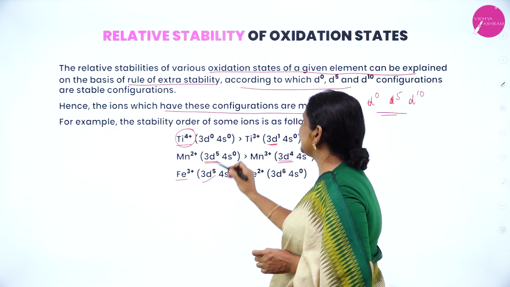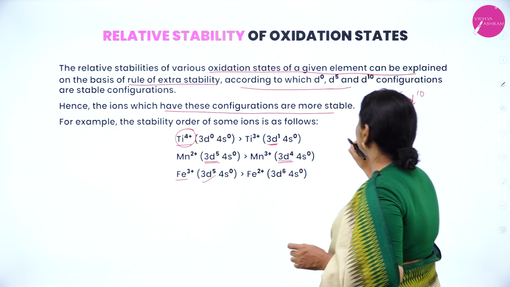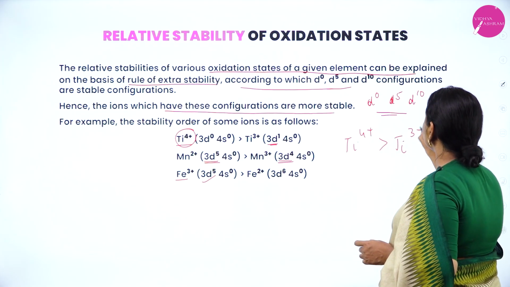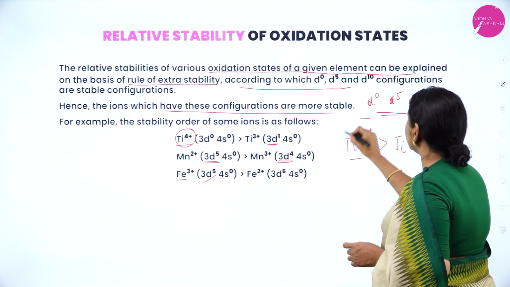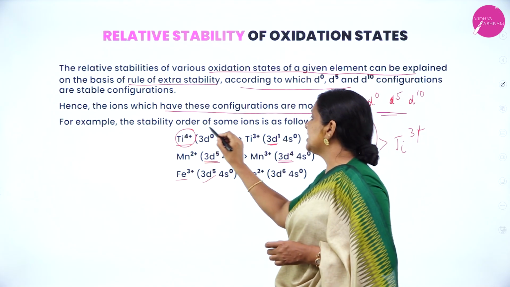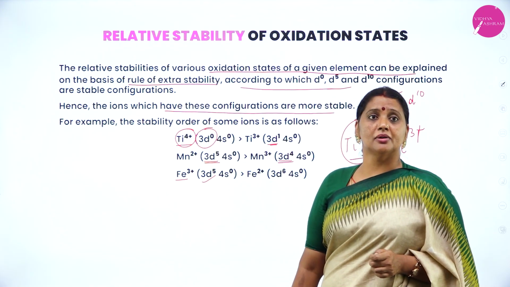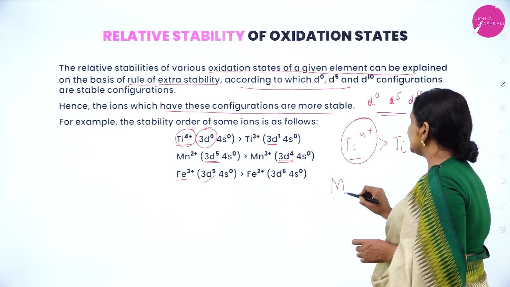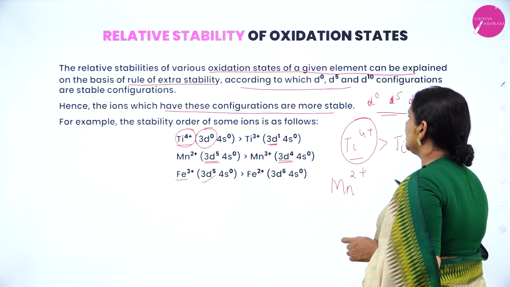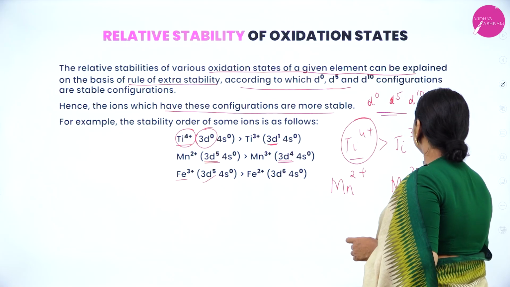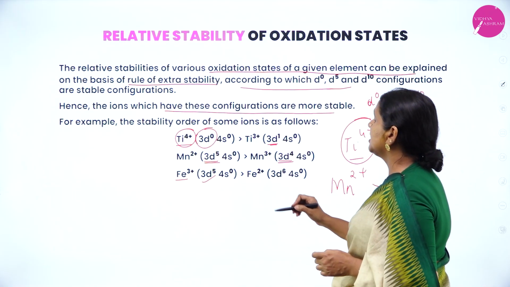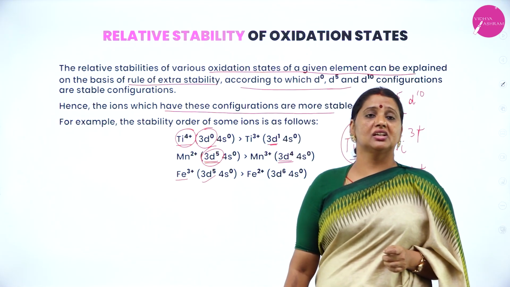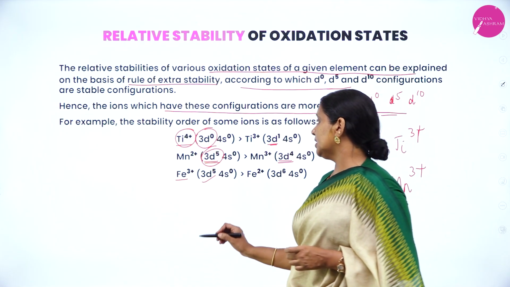So titanium 4 plus is more stable than titanium in plus 3 oxidation state, because in plus 4 oxidation state it has an empty 3d orbital. And manganese in plus 2 oxidation state is more stable than manganese in plus 3 oxidation state, because in plus 2 oxidation state it has a half-filled 3d orbital.